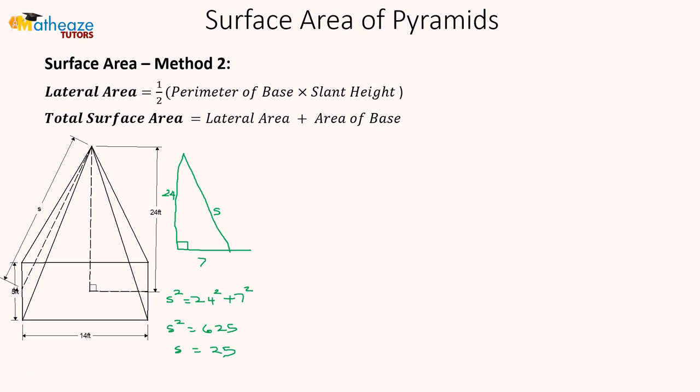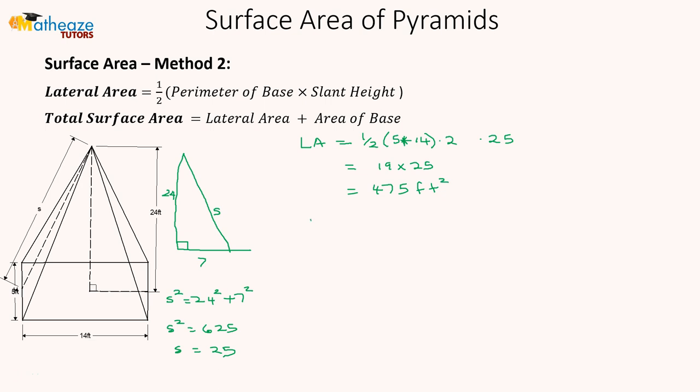Now we're going to apply lateral area. So the lateral area is half the perimeter of the base, which is 5 plus 14 times 2, and your slant height is 25. So this is 19 times 25, which is going to be 475 square feet.